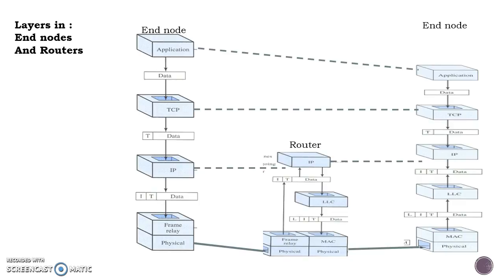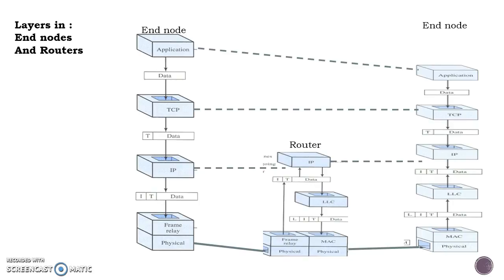However, you will notice in the figure that a router, which is an intermediate device that performs routing operations, does only the lower layers. It does not do the transport or the application layer. Rather, it does only the internet layer on which the IP protocol runs and the lower layer protocols.